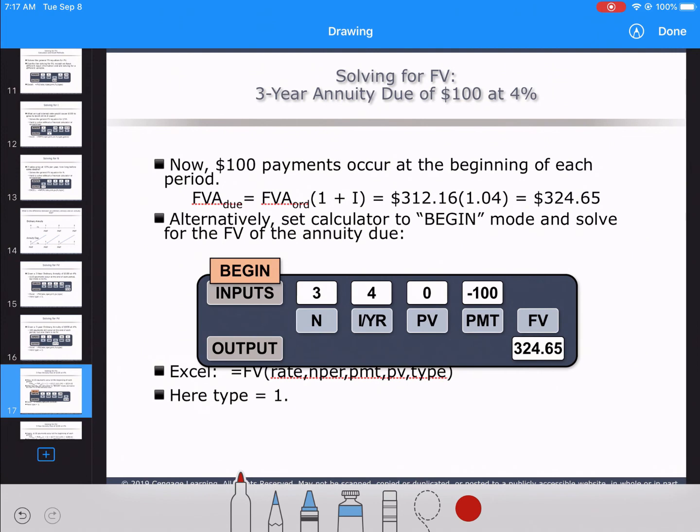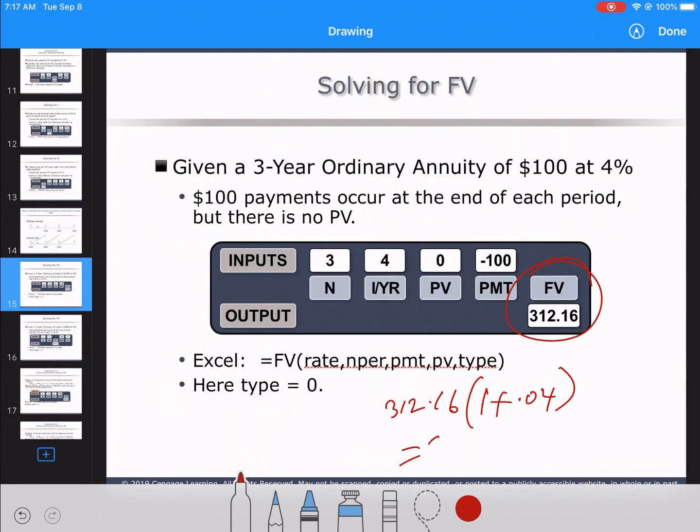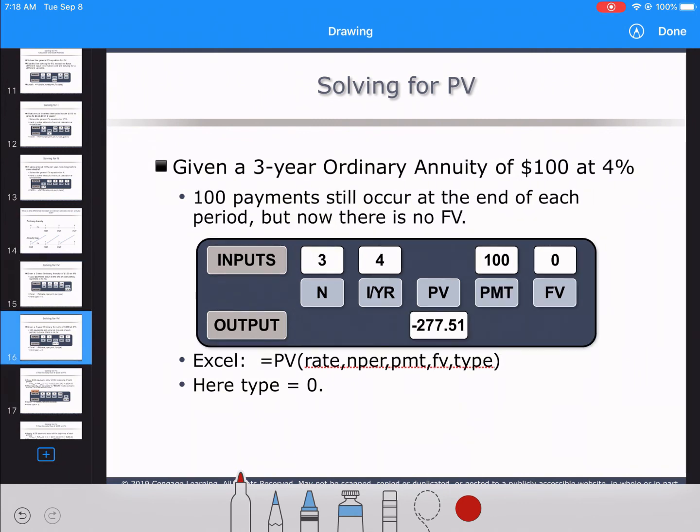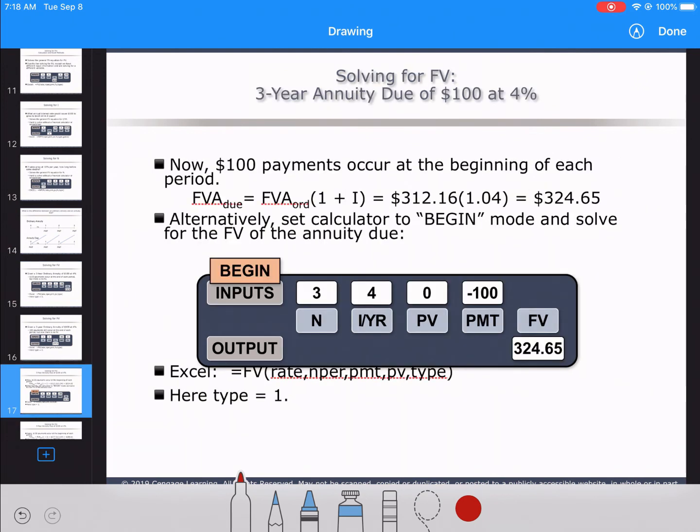I'll show you what it will be: 324.65. All right, so present value works exactly the same way, and then the annuity due method is just to put the calculator from end mode to beginning mode. Once you do that, you get 324.65.